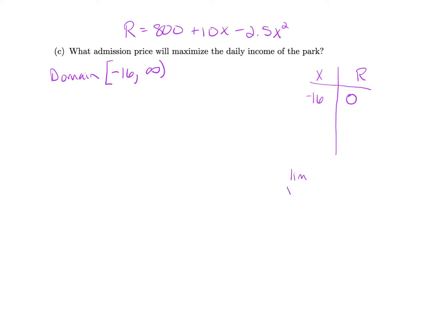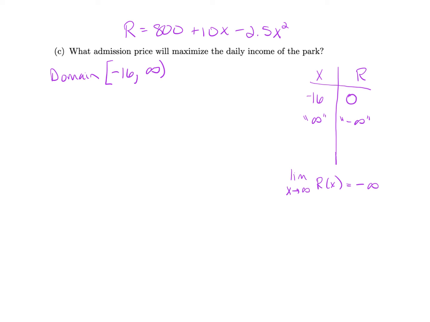So I could say the limit as x approaches infinity of my revenue. This is a quadratic that opens down, so the end behavior is down. So as x goes to infinity, r of x will go to negative infinity. So revenue could really tank as I increase the price. So I'll put this in quotes here: infinity, negative infinity. That's not really in the table. It's the end behavior.